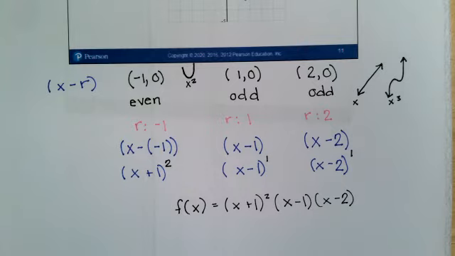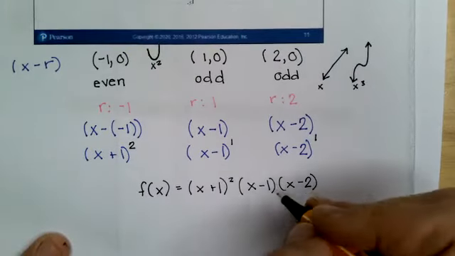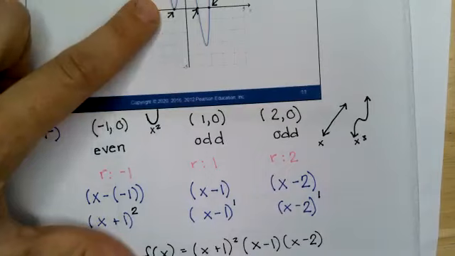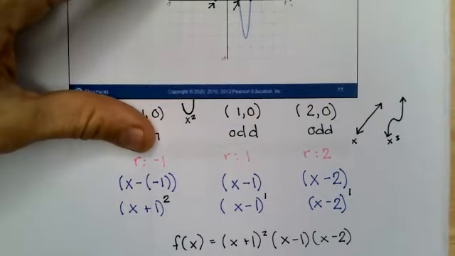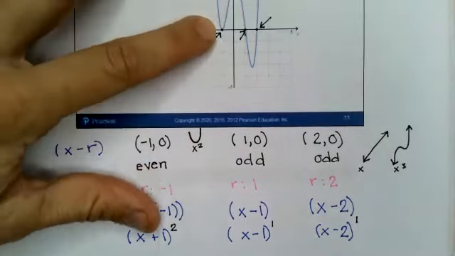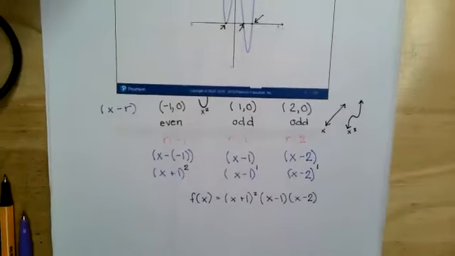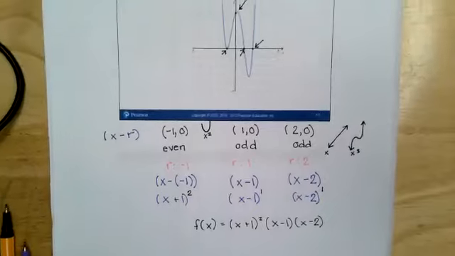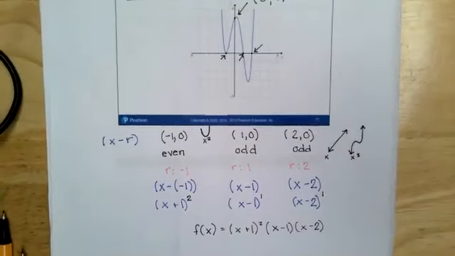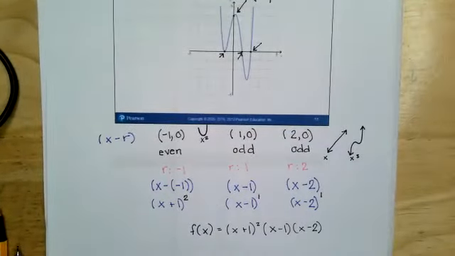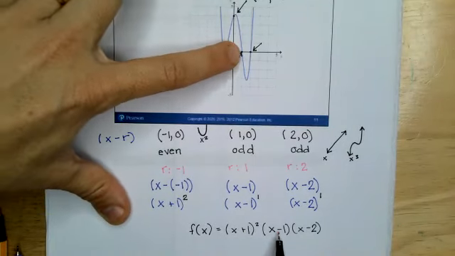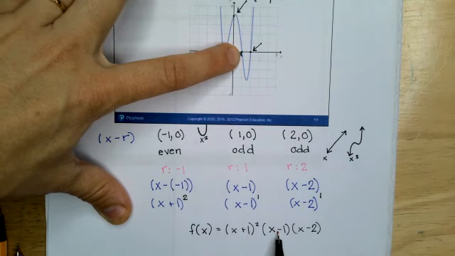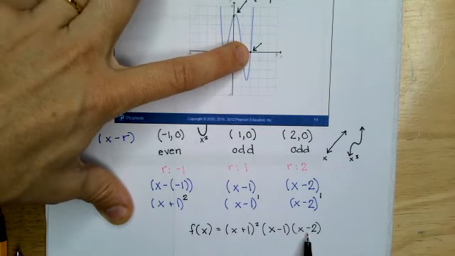If I multiply, we know that that covers that, that covers that. Okay, that covers that touching the x-axis here. That covers the crossing of the x-axis here. That covers the crossing of the x-axis here.